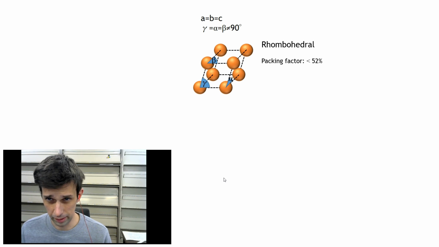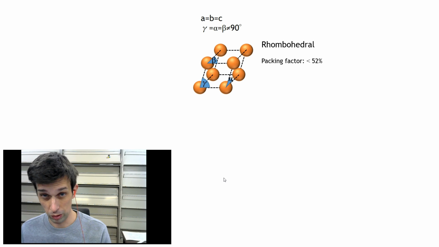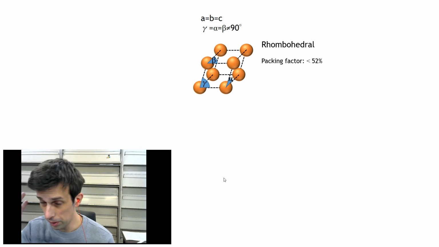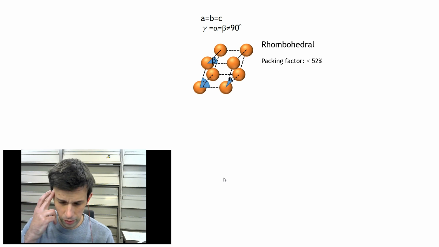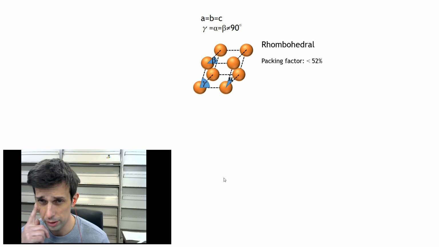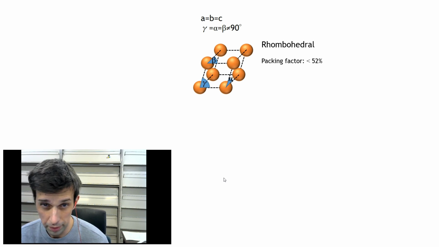So again, the limit situation is the one in which the angles are as close as possible to 90 degrees. So again, simple cubic. We always fall back to it. All these structures are just sort of deformed versions of something we already saw before with the cubic structures. And there's no other type of rhombohedral structure.